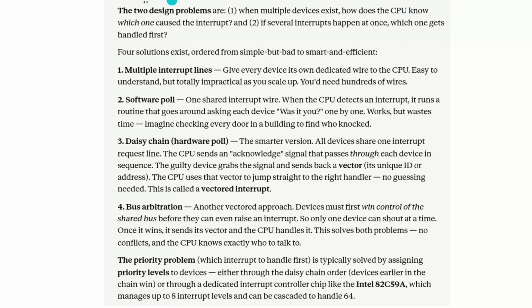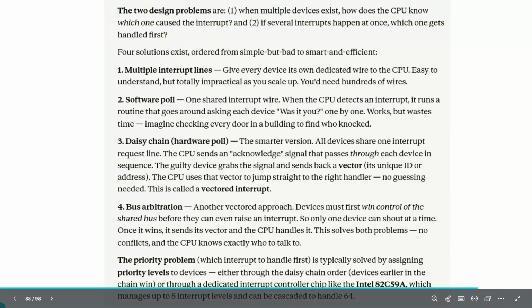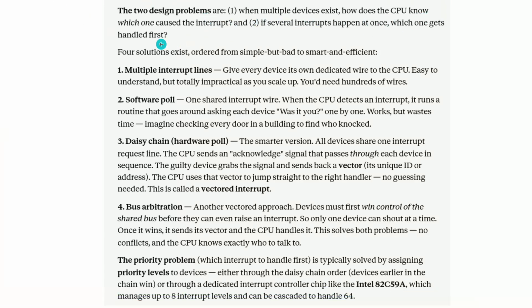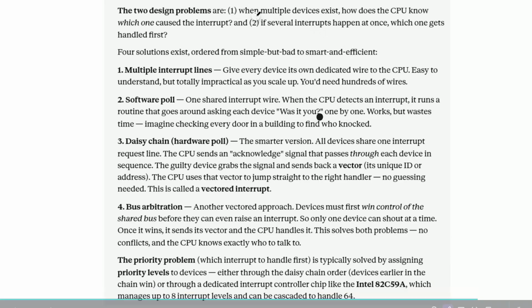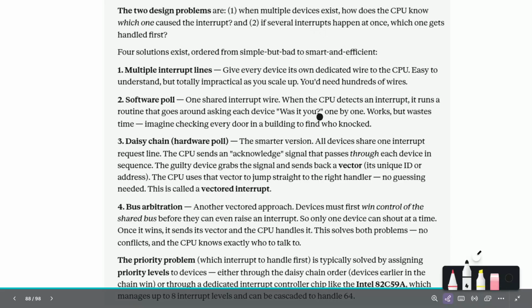So let's see what the two design problems are. The first: when multiple devices exist, how can the CPU know which one caused the interrupt? And the second: if several interrupts happen at once, which one gets handled first? So for the CPU, the first problem is finding which device has caused the interrupt.